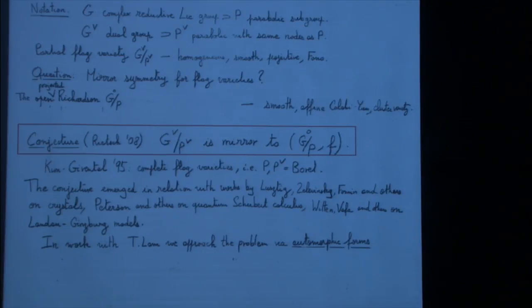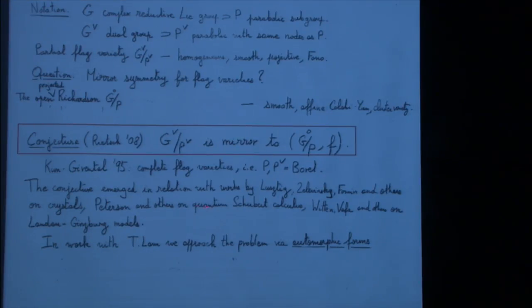It's kind of remarkable that this conjecture by Rietsch emerged as a combination of various things. One from crystals, like from Lusztig, Zelevinsky, Fomin, as we saw in the previous talk. If you tropicalize this, you get the theory of crystals, like in Lusztig, Kashiwara.